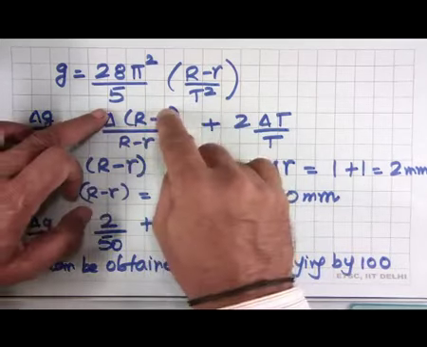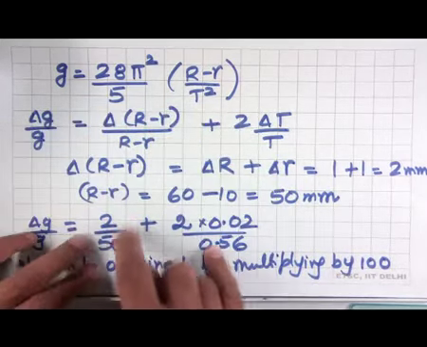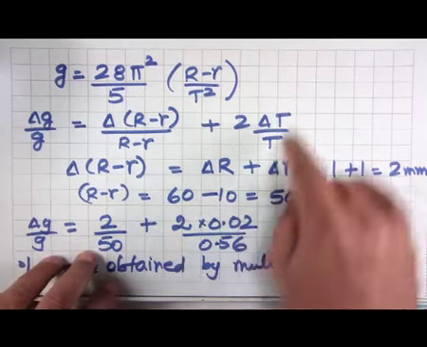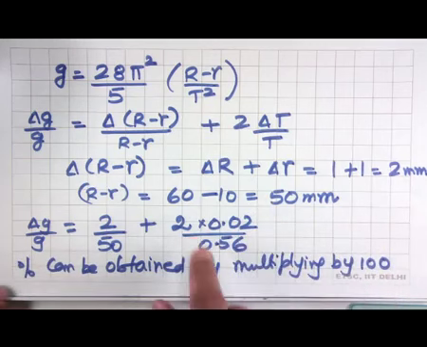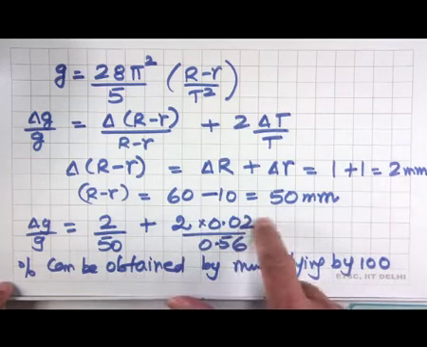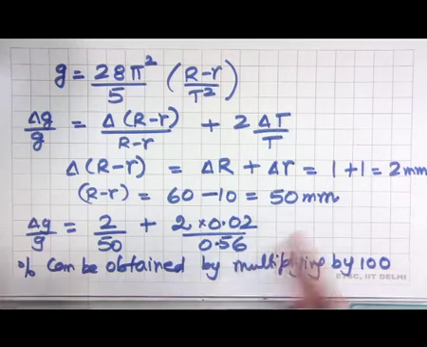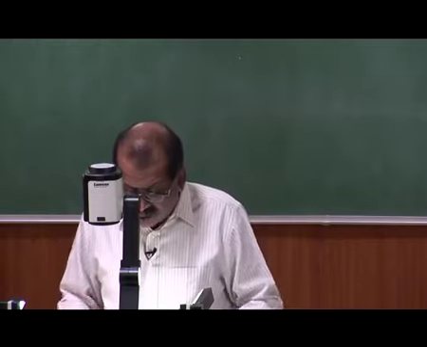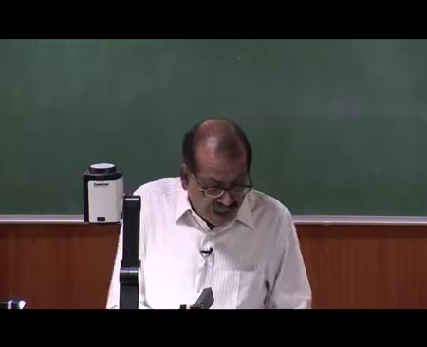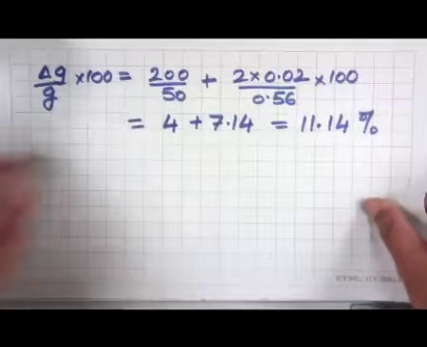So, delta of R minus r by R minus r will become 2 by 50, and then we have 2 times delta t by t, which we have already calculated. So, that becomes equal to 2 times 0.02 by 0.56. This gives us the relative error in the value of gravity. Now, to obtain a percentage, we multiply both sides by 100.